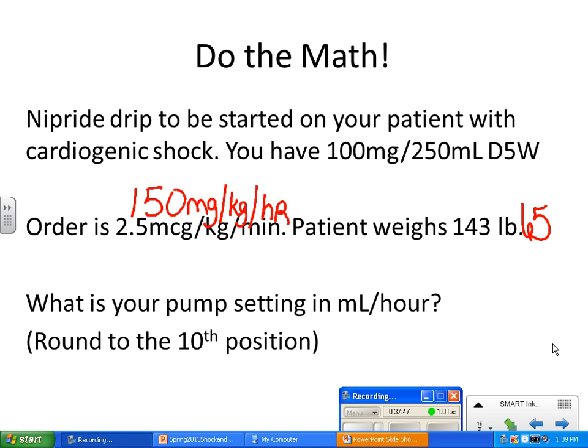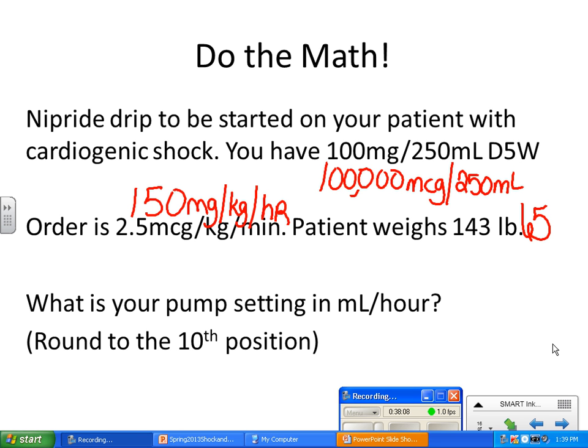And what else do we need to convert? Milligrams to micrograms. So 100 milligrams is how many micrograms? 100,000 micrograms in 250 mLs of D5W.